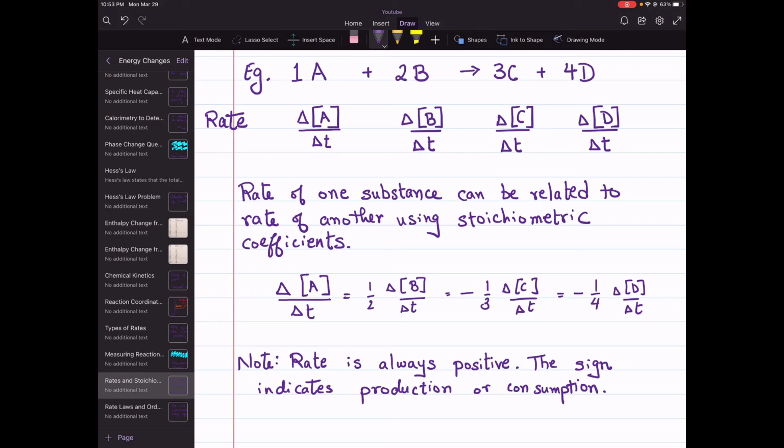So if we are trying to relate things to A, which is being consumed, then C would be negative and D would be negative.